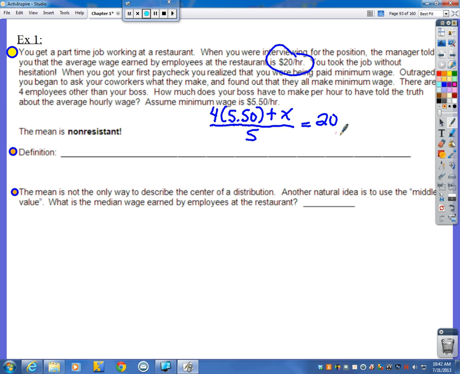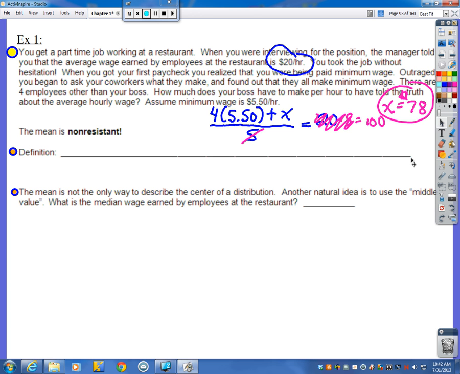Now, the math for this is algebra 1 stuff. You can multiply both sides by 5 to get rid of the divide by 5, which makes that now 100. And then 4 times 5.50 is $22. Subtract it over, and x would have to be $78 an hour. That's how much your boss makes, unfortunately.